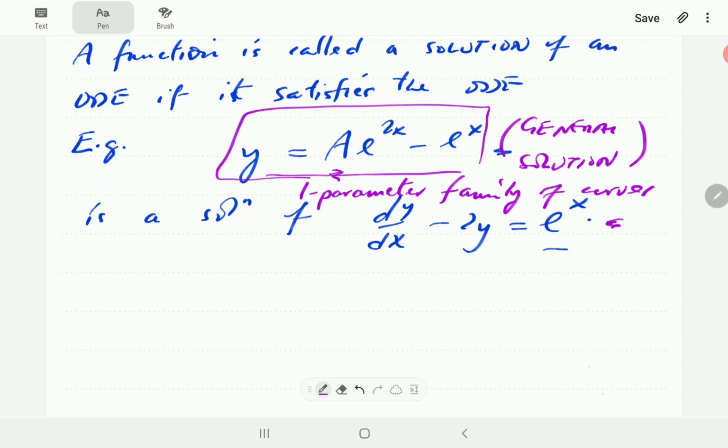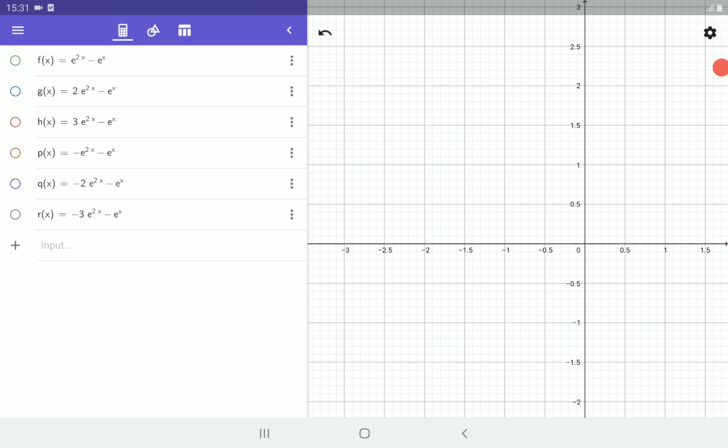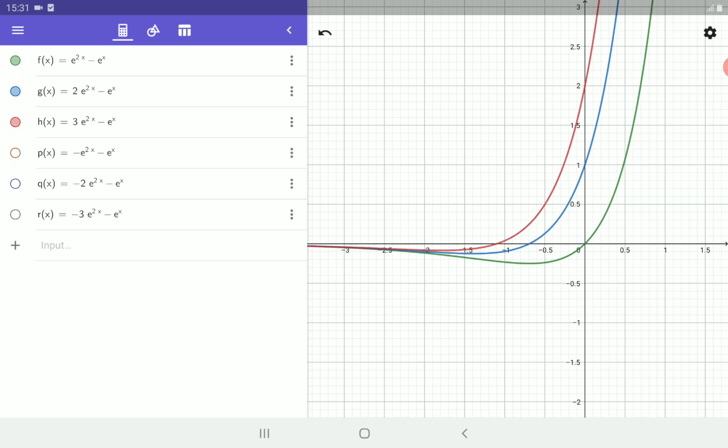Let's just have a quick look at how these curves look. So we're going to start with this one here. So a is 1, and you can see this is how it looks. It actually goes through the origin, because when x is 0, y is also 0. If a is 2, then it's going to look like this one. It's got y-intercept 1. If a is 3, y-intercept is 2, etc. But a could be negative as well.